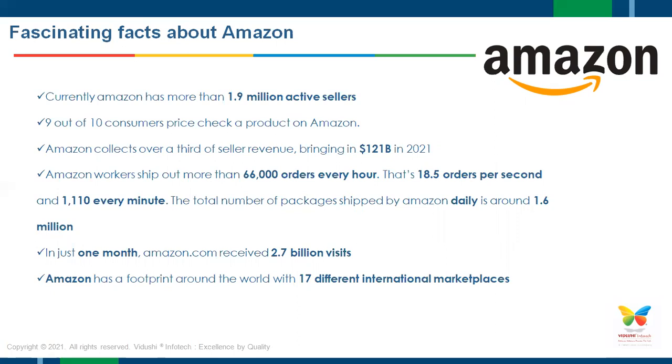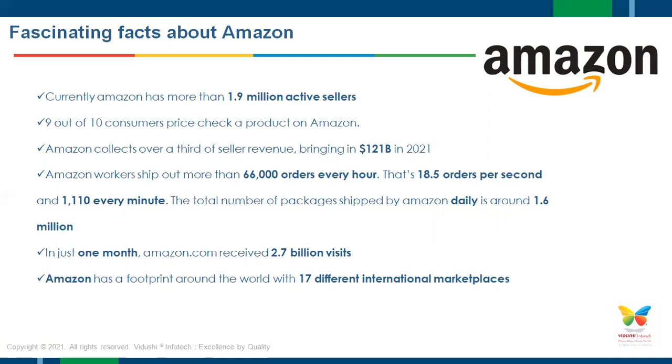It means it is a big platform. It is ruling the shopping sites world, shopping application world. 9 out of 10 consumers price check a product on Amazon before purchasing it physically in the market.